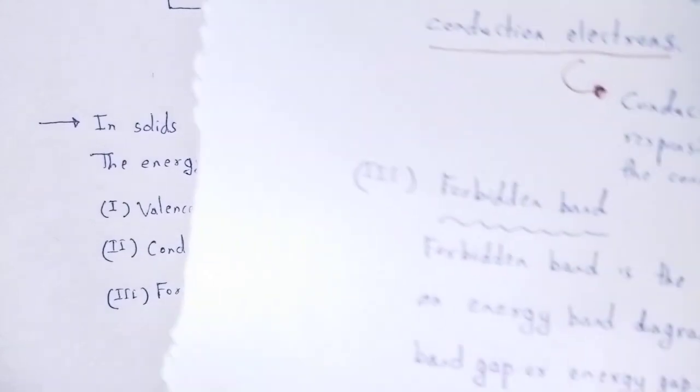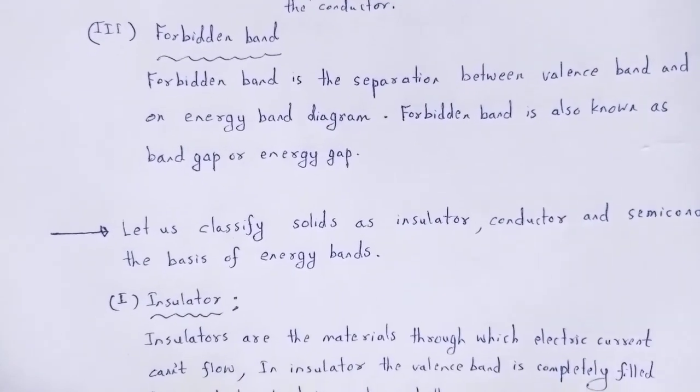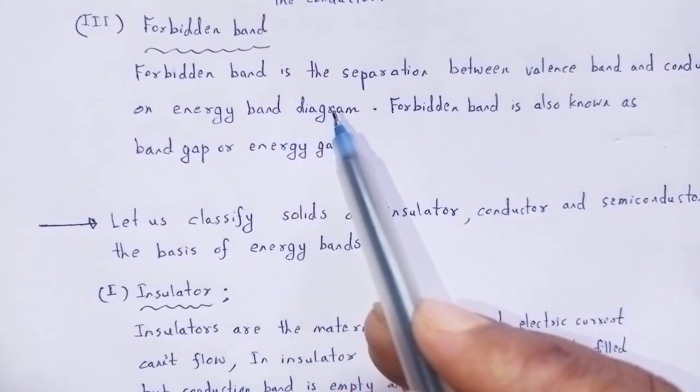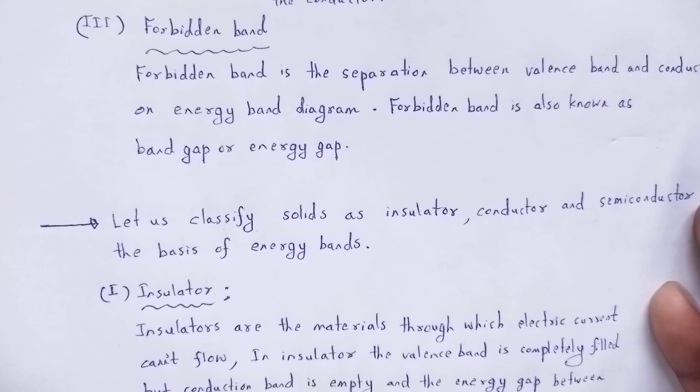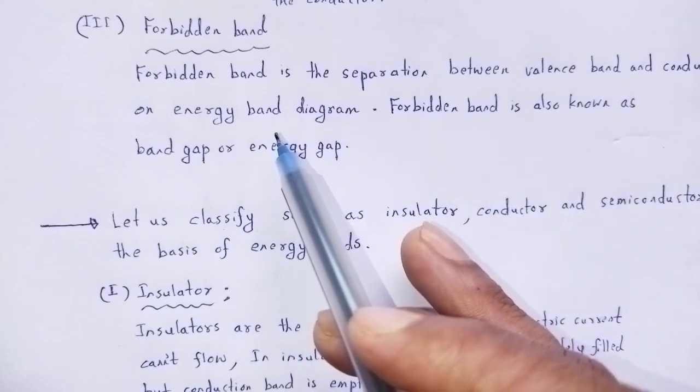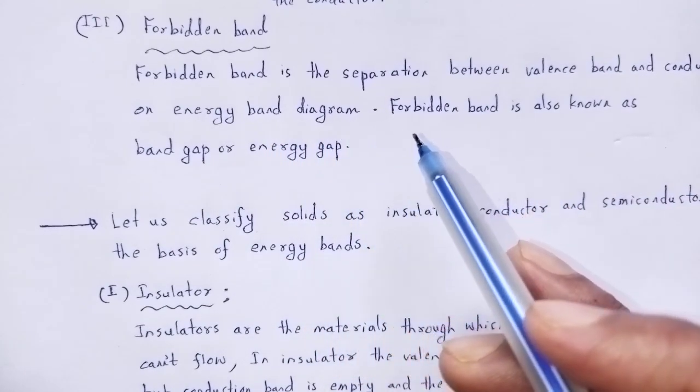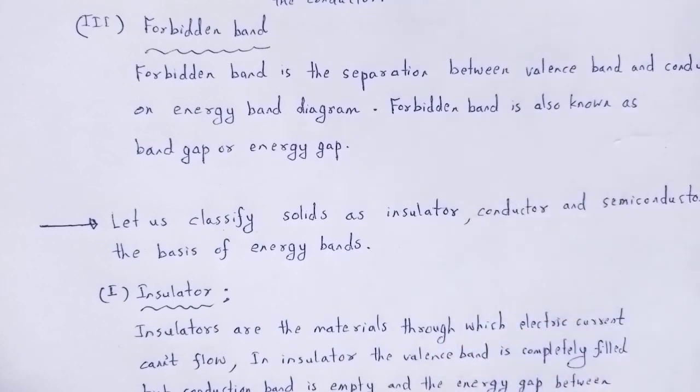Next, forbidden band. Forbidden band is the separation between valency band and conduction band on the energy band diagram, and this forbidden band is also known as band gap or energy gap.